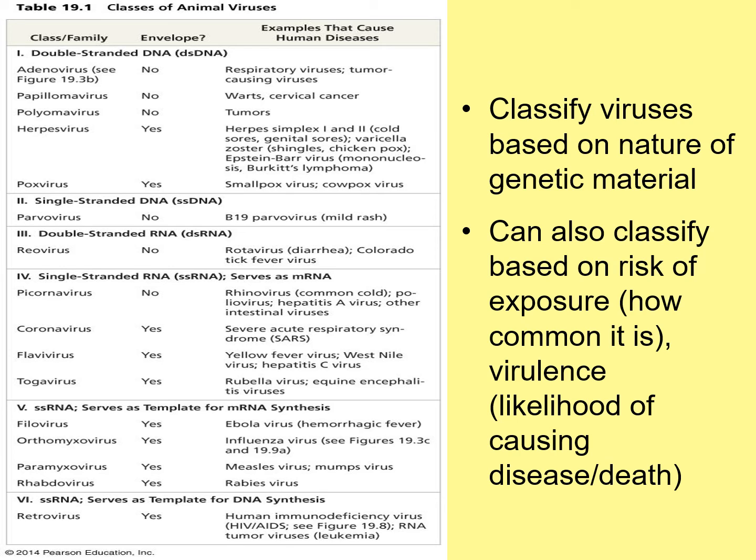We have the coronavirus categories, which include SARS and, of course, now COVID-19, yellow fever, West Nile, and then rubella virus, which is a little bit more mild. It does cause birth defects, though, which is why we vaccinate against it.